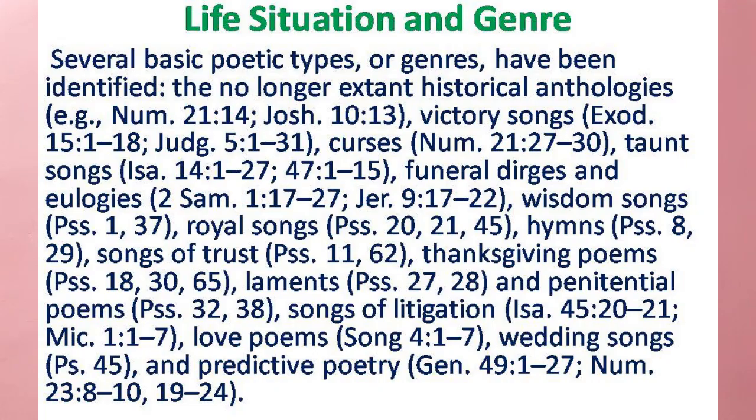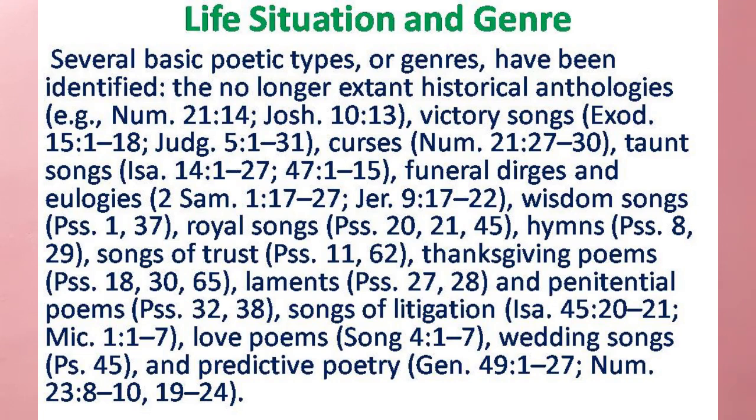So when we look at Hebrew poetry this way, we can identify several genres of Hebrew poetic pieces. We can separate these poetic sections into different genres. For example, historical anthologies like Numbers chapter 21 and Joshua chapter 10 verse 13.